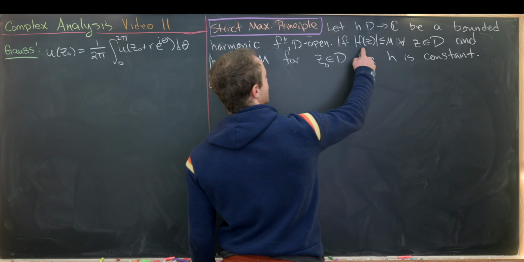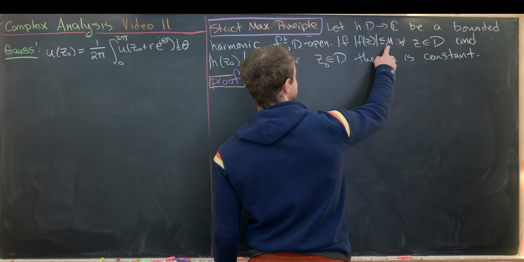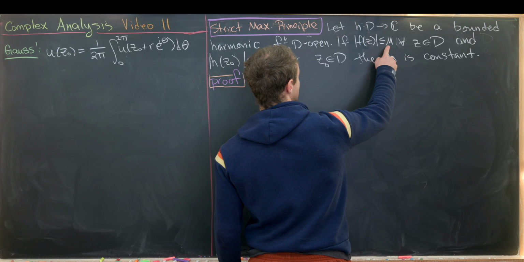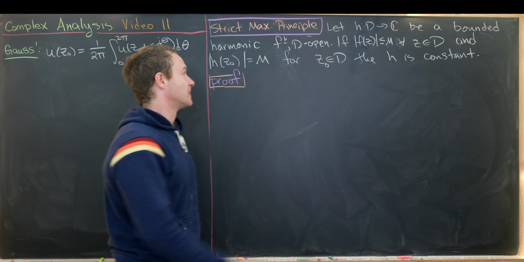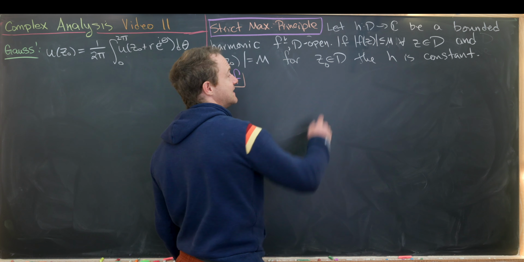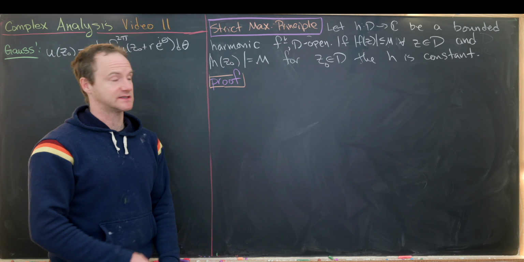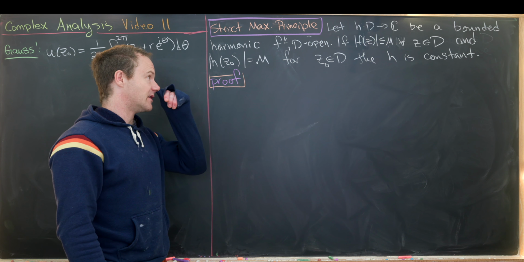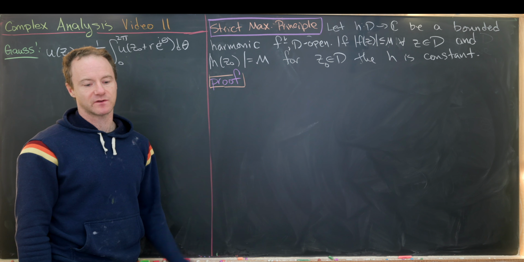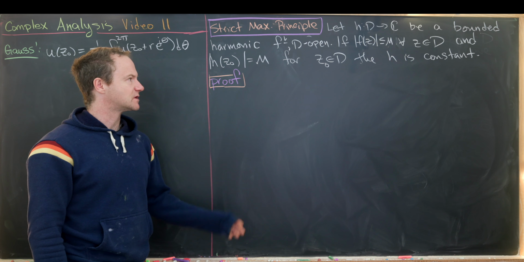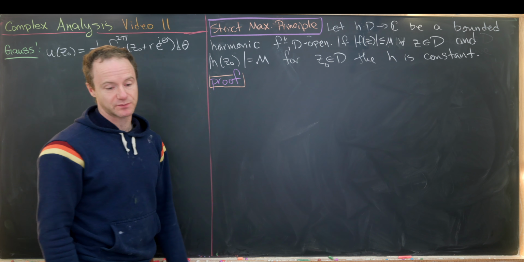Then if the modulus of h of z is less than or equal to M for all z in D, so that would be one of its upper bounds, and the modulus of h evaluated at z naught is equal to M for some z naught in D, then h is indeed constant. So if it's bounded above and it reaches that maximum, then it must be a constant function. So I think that's pretty interesting. Now let's maybe jump into this proof.